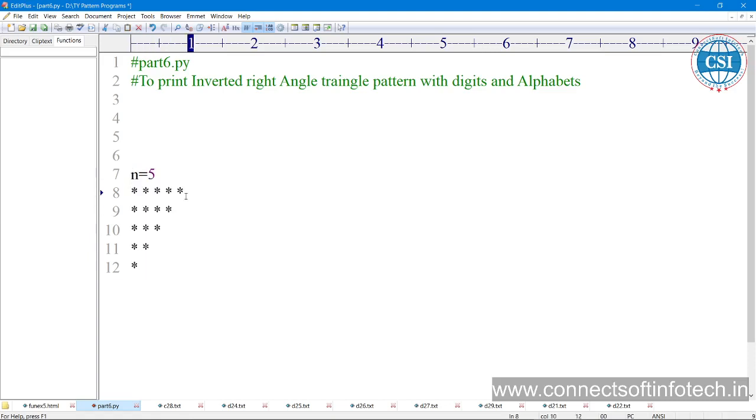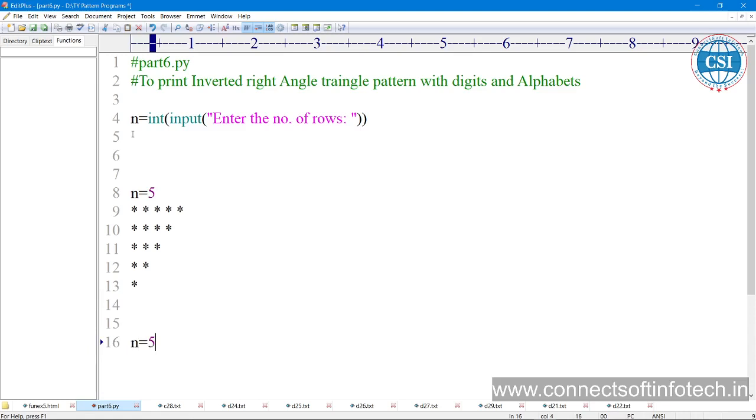So see here, the variable n is equal to int of input, doing the typecasting. The input prompt we are going to write here is enter the number of rows. What is the logic here?